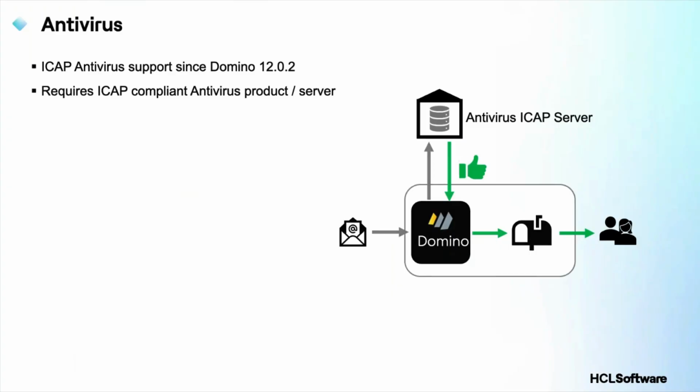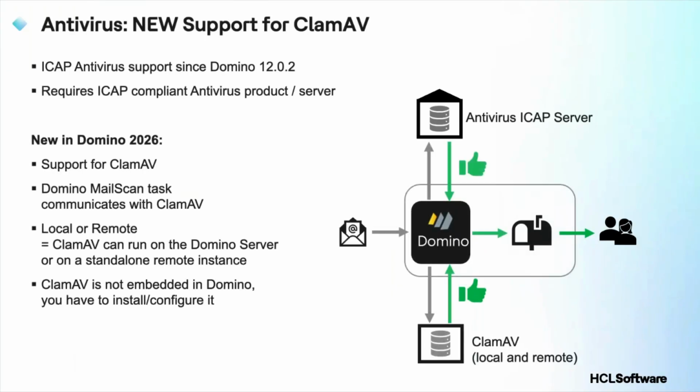So based on popular request, we are enhancing this to introduce support for ClamAV right in Domino, which means the Domino mail scan task will stop emails before they're routed and will then connect to the ClamAV engine and check the content of the email for viruses and malware.